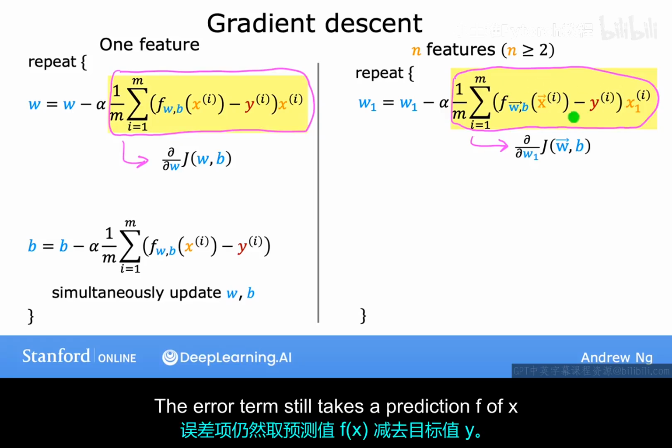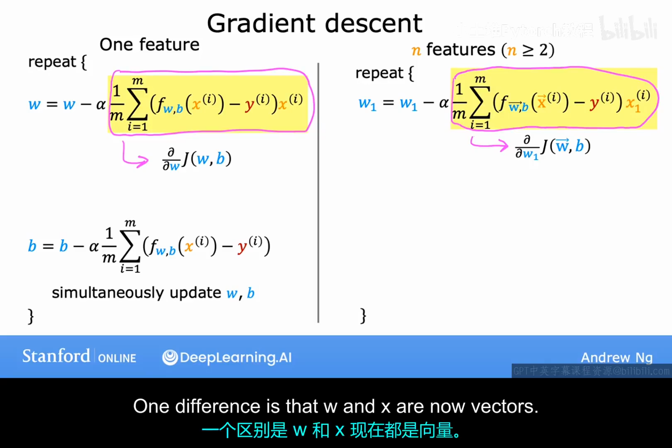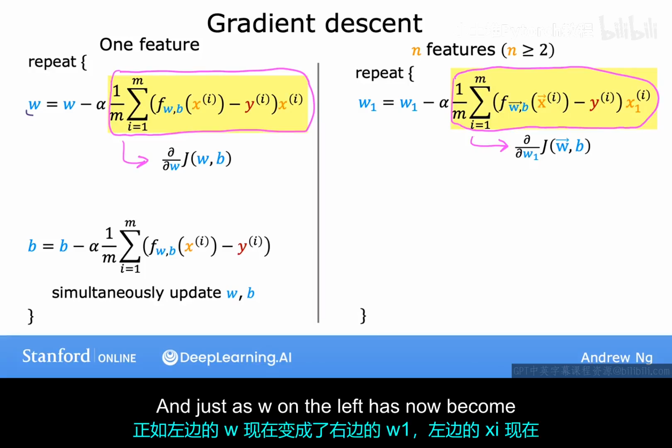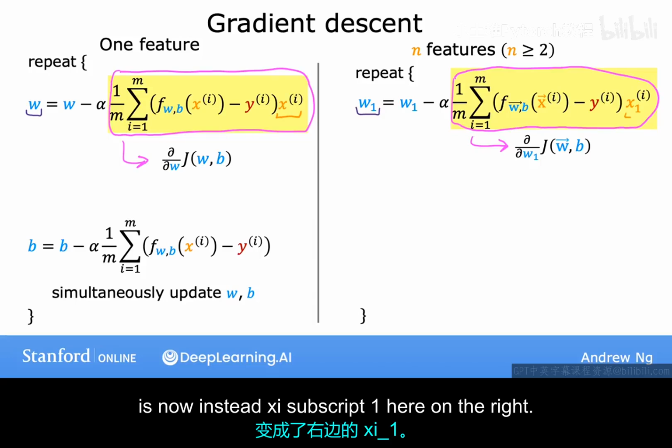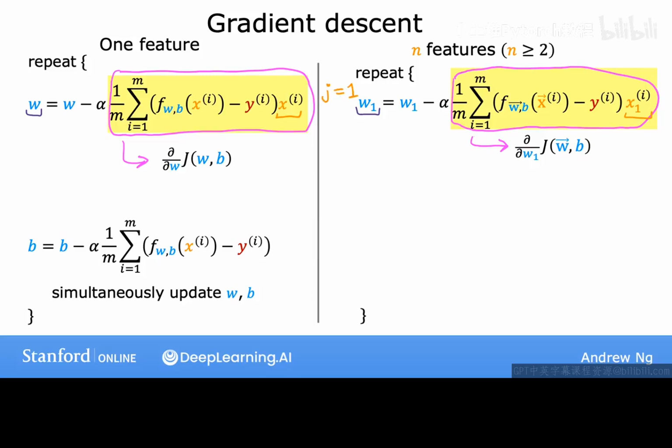The error term still takes a prediction f of x minus the target y. One difference is that w and x are now vectors. And just as w on the left has now become w1 here on the right, xi here on the left is now instead xi subscript 1 here on the right. And this is just for j equals 1.